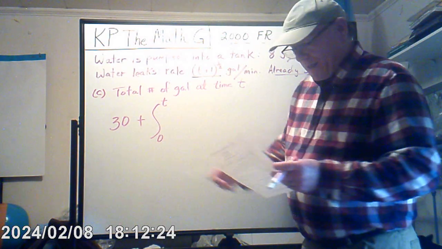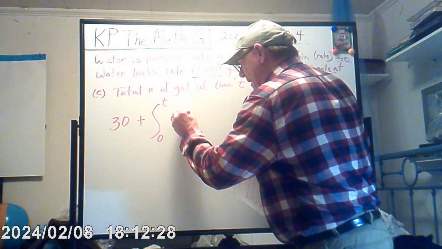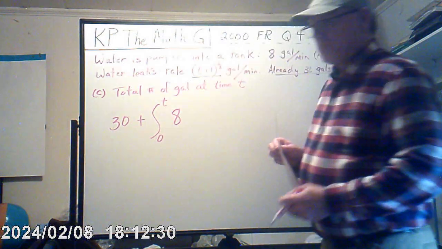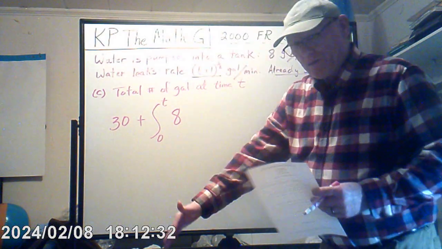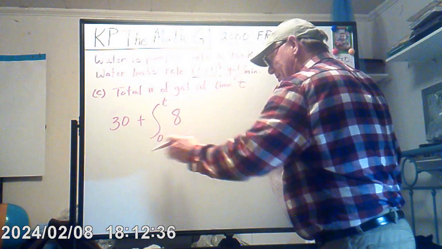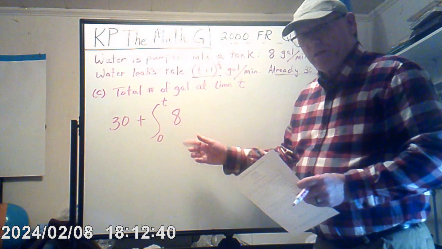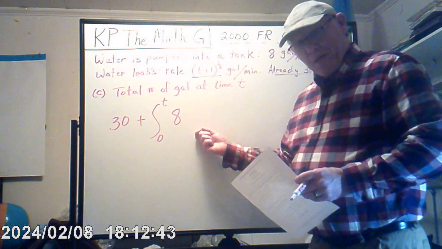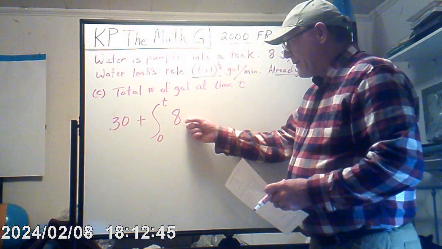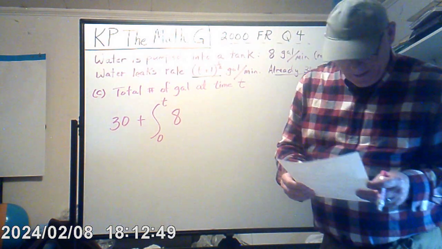At any time t, we know that the amount going in is 8. That's how fast it's going in. But you remember when you take the antiderivative or the definite integral of this, that's going to be an amount. This is an amount here, okay?